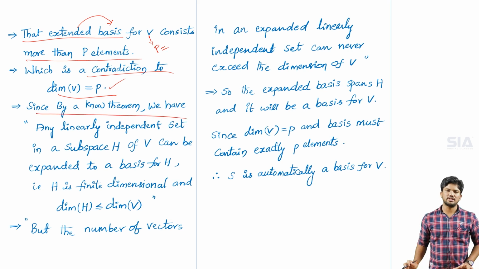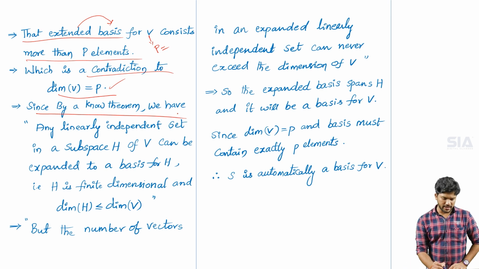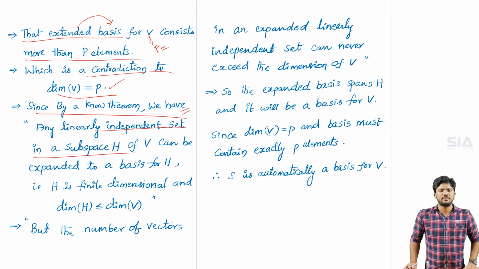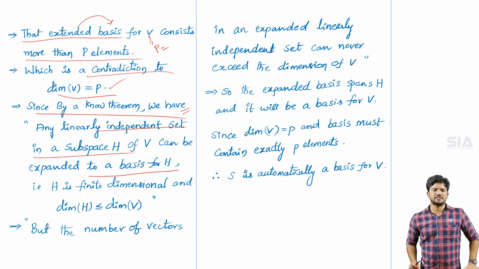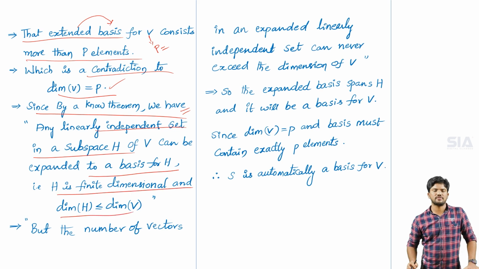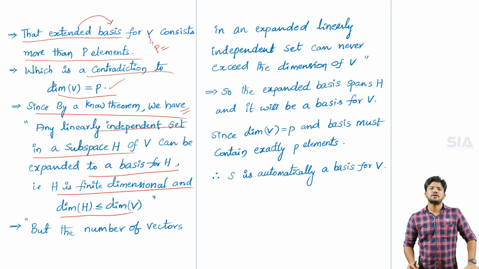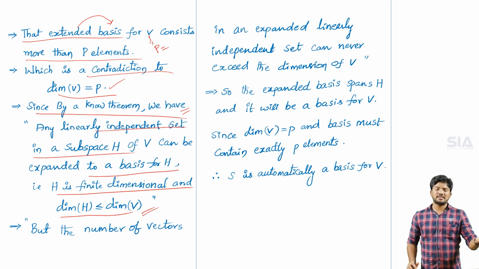So whenever you get a contradiction, that means the assumption that capital S does not span capital V is wrong. Also, by a known theorem, a linearly independent set in a subspace capital H of capital V can be expanded to a basis for capital H, where capital H is finite dimensional and the dimension of H is always less than or equal to the dimension of V. This is also one of the theorems depending upon the basis condition.